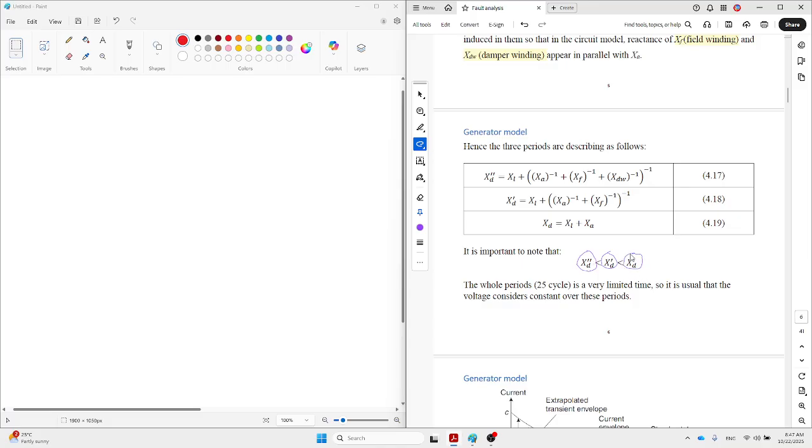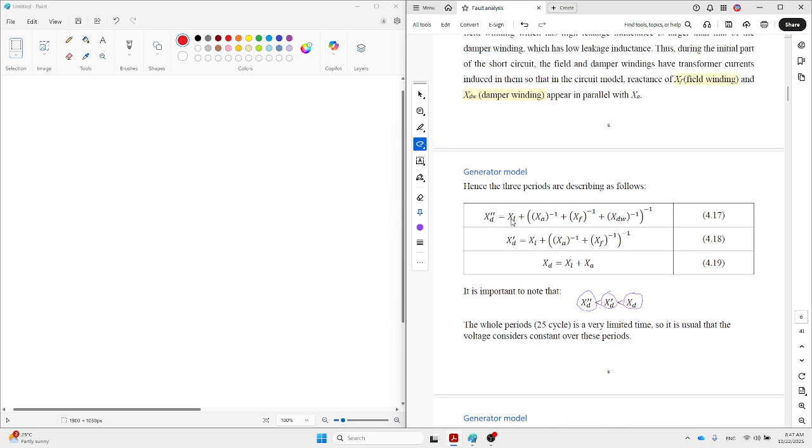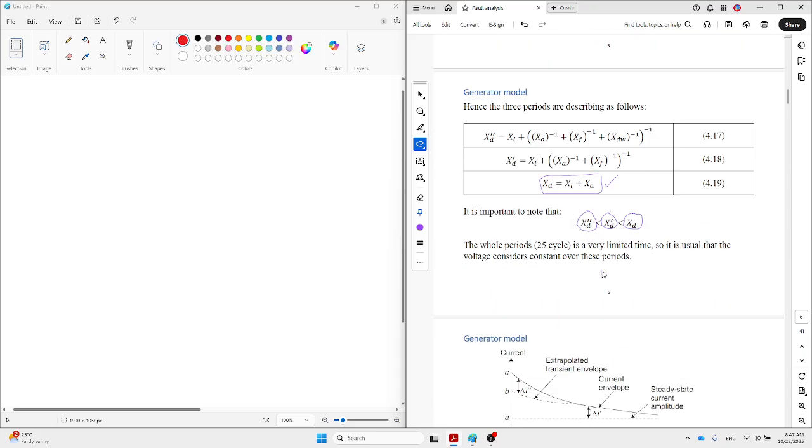So this gives a different condition. Another way of representation is calculating XD double prime, which is XL plus (XA inverse plus XF inverse plus XW inverse), all inverse. I think you can understand how the model is. And for the normal steady state condition, this one is representing.